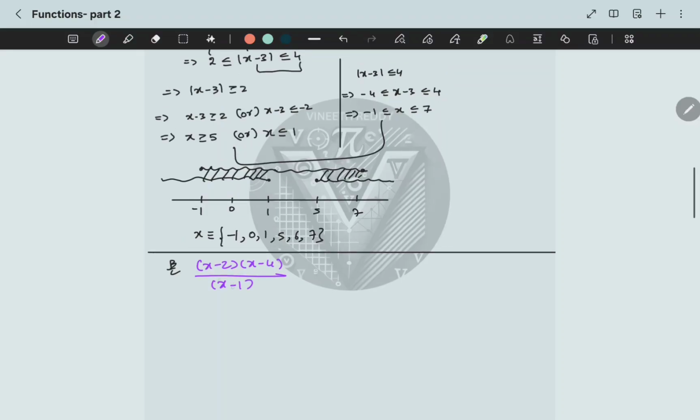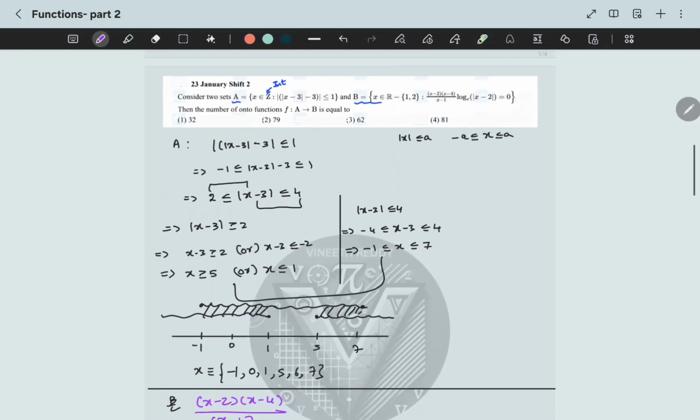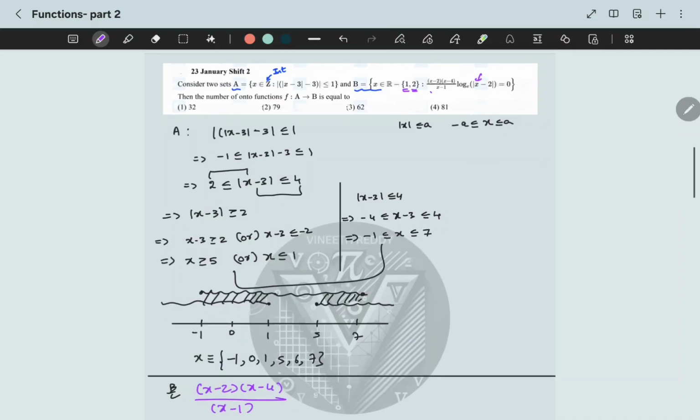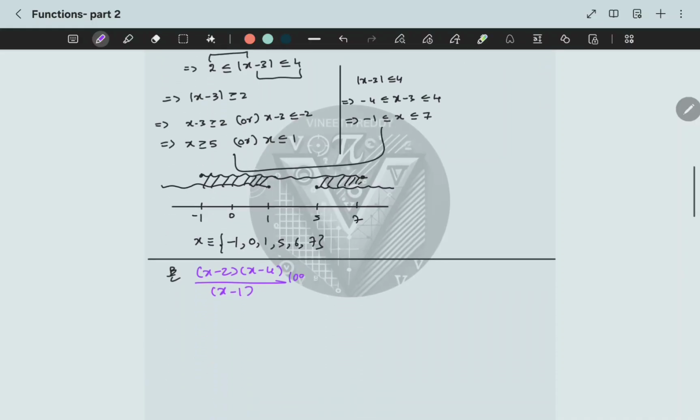See, x cannot be equal to 1 because something divided by 0 is not defined. That's why I think he has deleted 1. And if x is equal to 2, 2 minus 2 is 0, log 0 is not defined. That's why he has subtracted 2 also from the set, right? That is the domain of the function for this set. Anyways, keeping that aside, let us write.